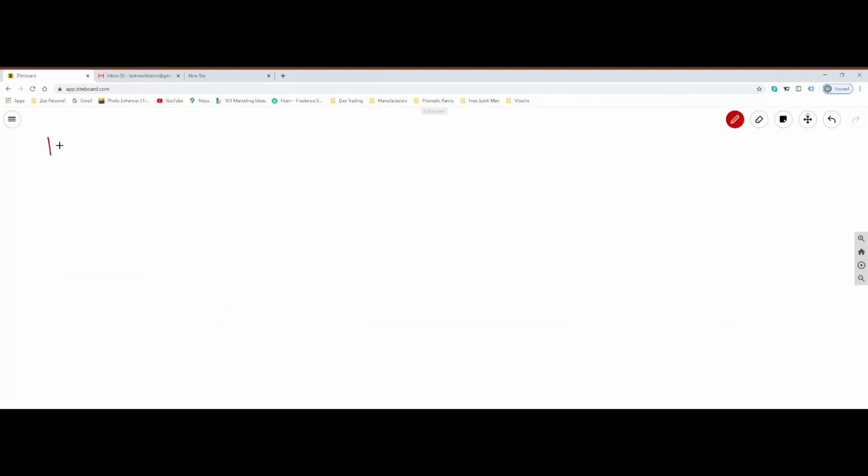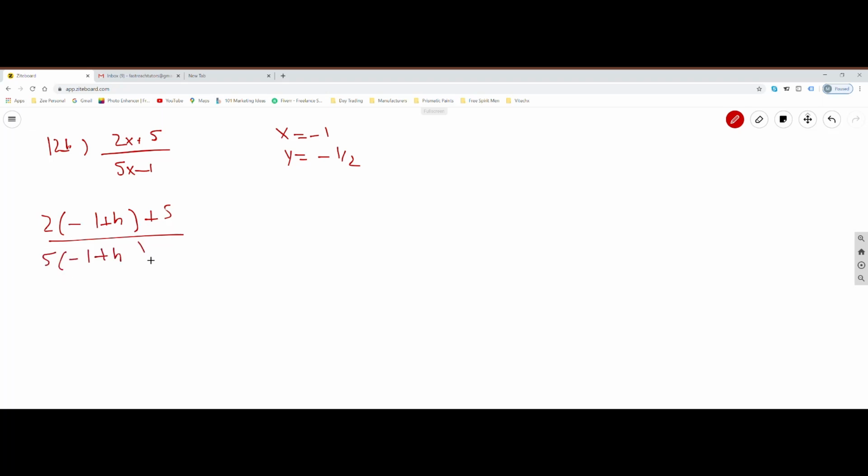So we're going to be doing 12b, which is 2x plus 5 over 5x minus 1. The points are x equals negative 1 and y is equal to negative half. So we have 2 times negative 1 plus h plus 5 over 5 times negative 1 plus h minus 1, plus half.